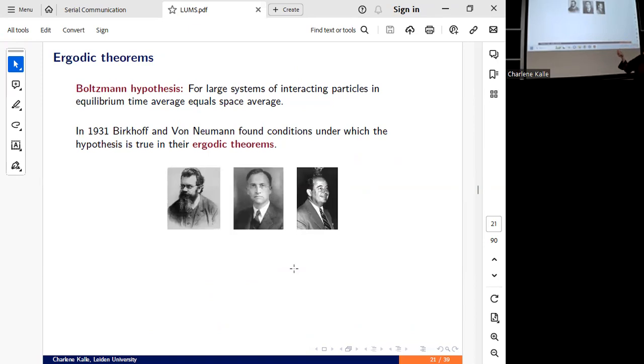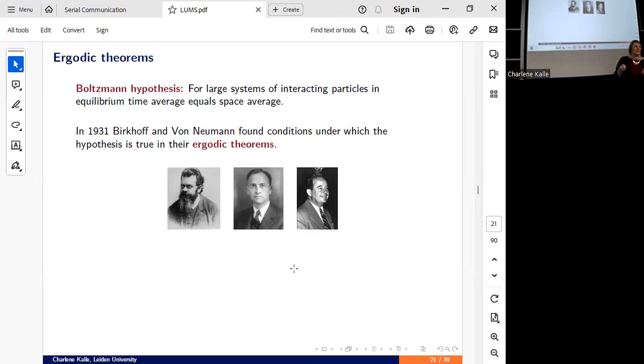In around 1870, Boltzmann, who I think is considered the founding father of statistical mechanics, had very many ideas about how large systems of interacting particles evolve over time, and in particular about what is written here: time average equals space average. So the hypothesis is that for large systems of interacting particles in equilibrium, time average equals space average.